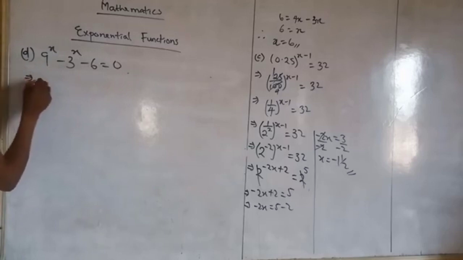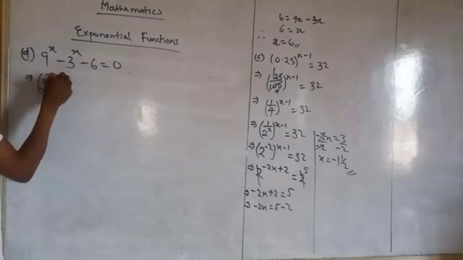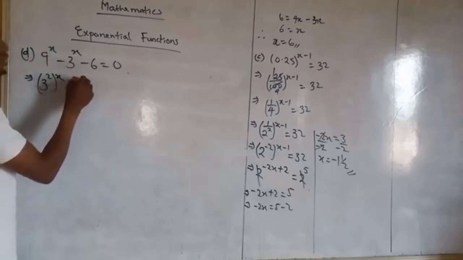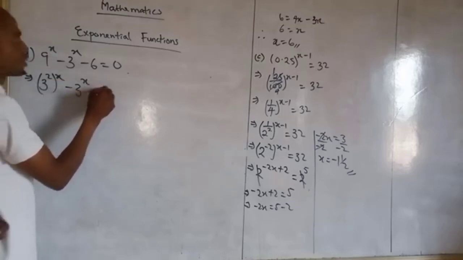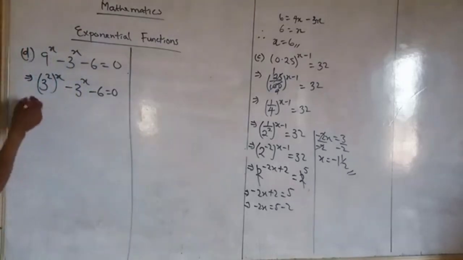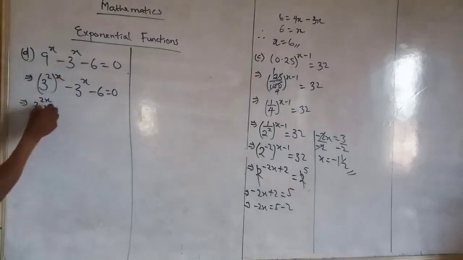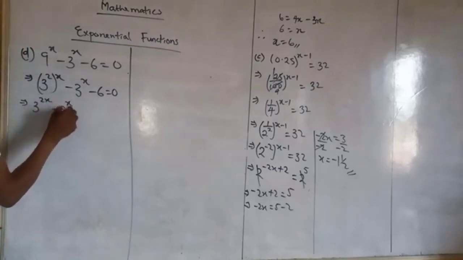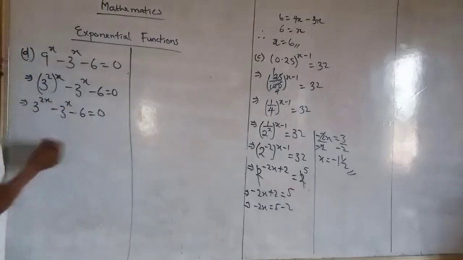So we can have 9 as 3 to the power of 2 in brackets, then to the power of x, minus 3 to the power of x, then minus 6 equals 0. So we have 3 to the power of 2 multiplied by x, that will give us 2x, minus 3 to the power of x minus 6 equals 0.